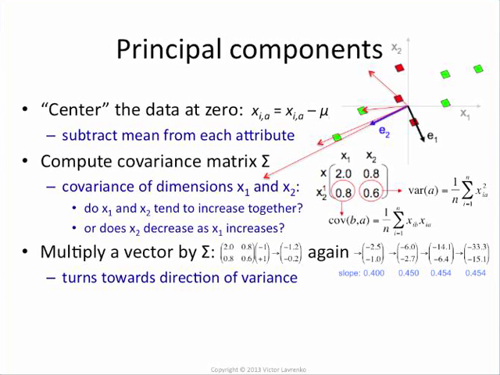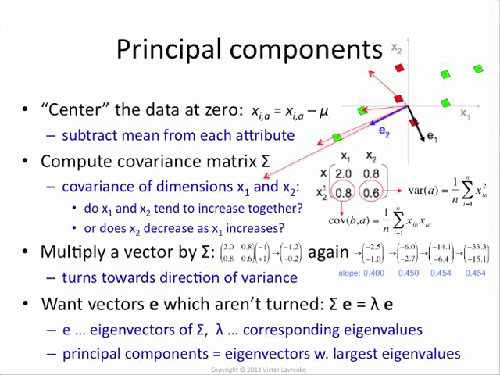That immediately gives you an idea for how to extract these dimensions with the greatest spread of the data. Basically, you want to look at the convergence of this, and figure out the point to which it converges. Another way to do this is to look for vectors that don't get turned when you multiply them by the covariance matrix.